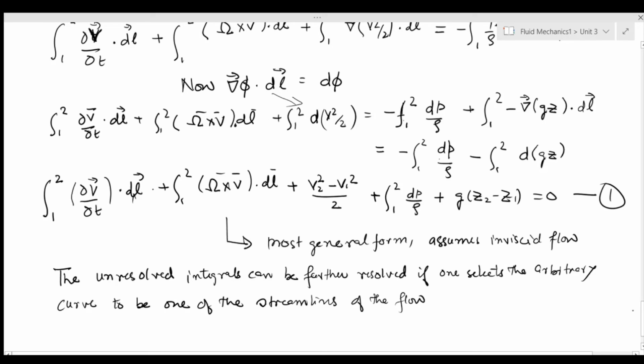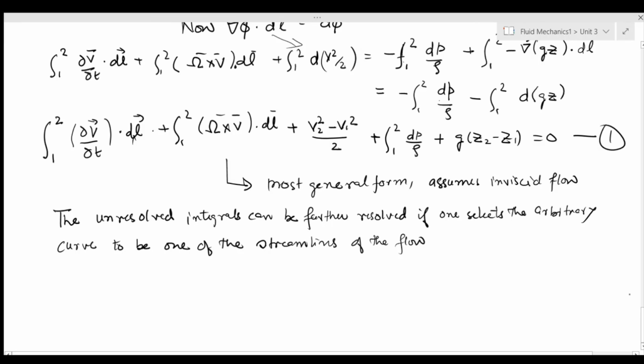If you remember the material line which I had shown above, I just said that this is a path which a particle is following. It could have been a streamline, it could have been other than a streamline, but now let us say that the path which the particle followed was a streamline. So that particle was moving along a streamline.